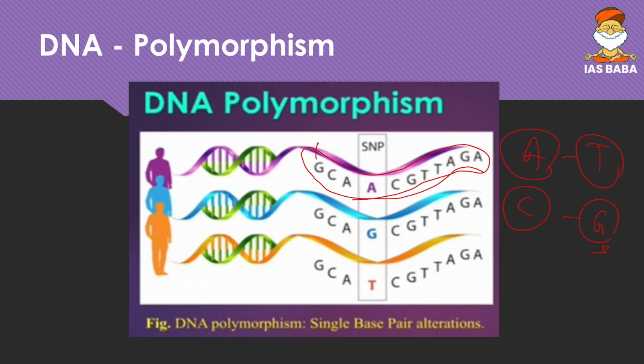Here we have C and C has again G, A has T, A has T and C has G. Likewise, there is a double strand present. In this double strand, this is one particular gene of any species, say for example, human insulin. So this is a gene which codes for human insulin.